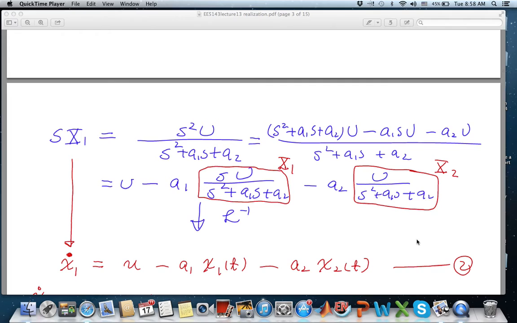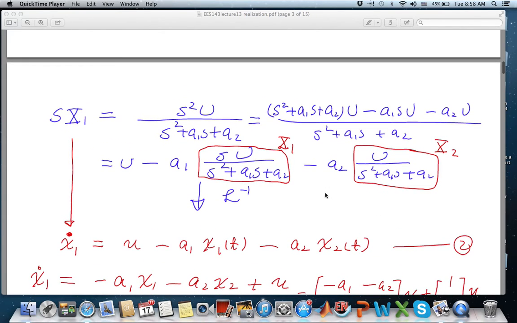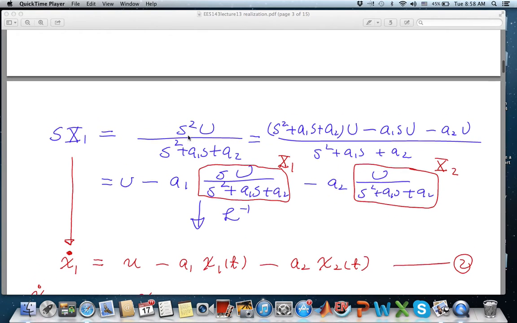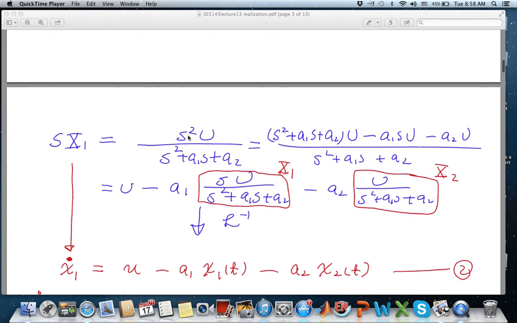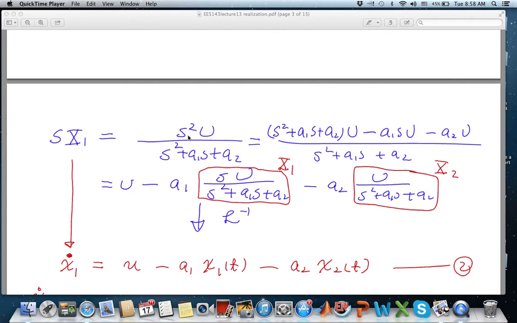One step further, if we look at sX1, which is going to be s squared times U divided by s squared plus a1 s plus a2. Previously in our Laplace transform transfer function, we always said the degree of the numerator is less than or equal to the degree of the denominator.